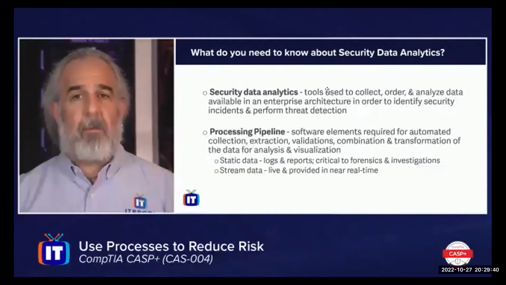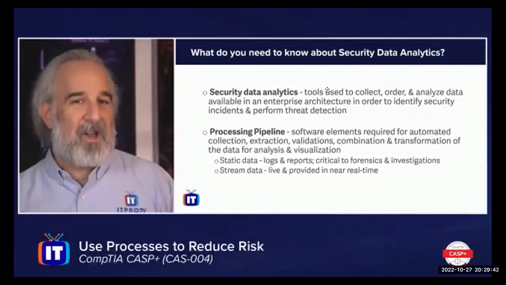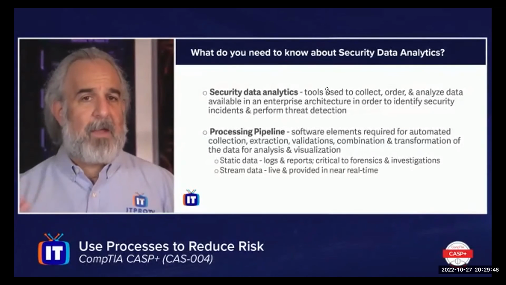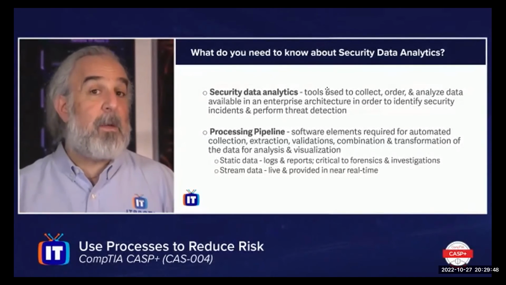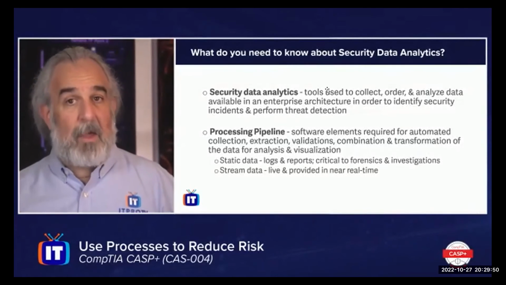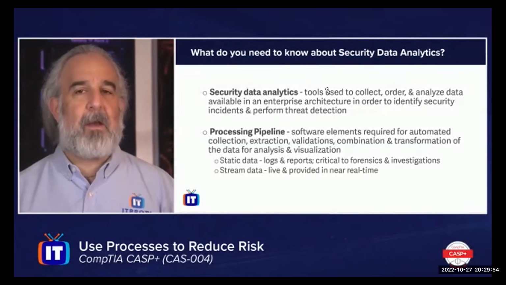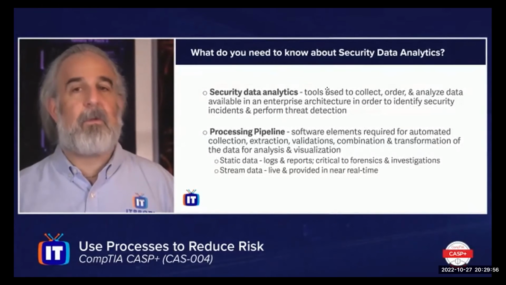Things that are really going to be important here: we want to differentiate between the different types of data that we will likely see. Static versus stream data. Think of stream as being dynamic. It's coming in real time or near real time. Maybe it's coming through a feed that is being aggregated through a SIEM solution.